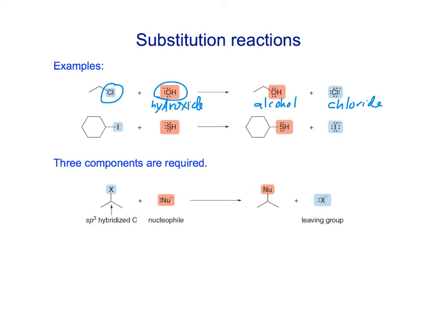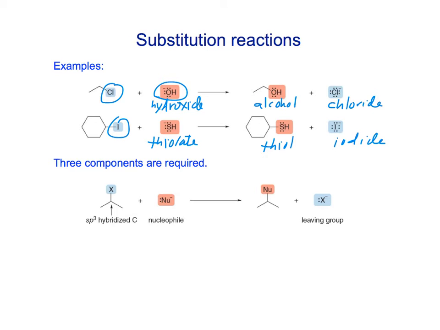In the second example, we have this sulfur analog of hydroxide. This is called thiolate. And that thiolate is replacing this iodine to give us a thiol and iodide.